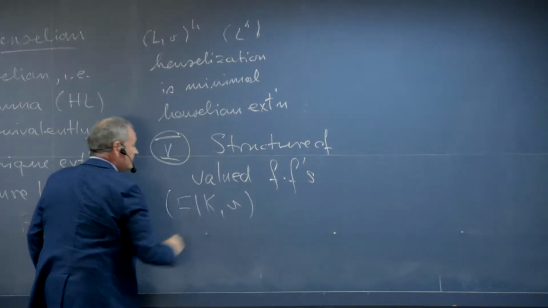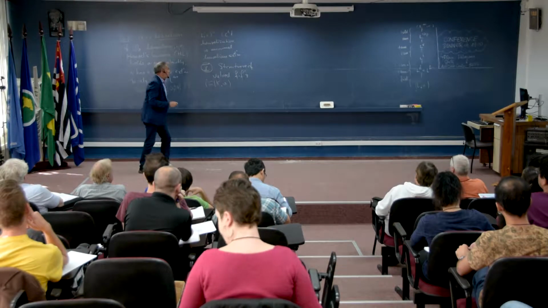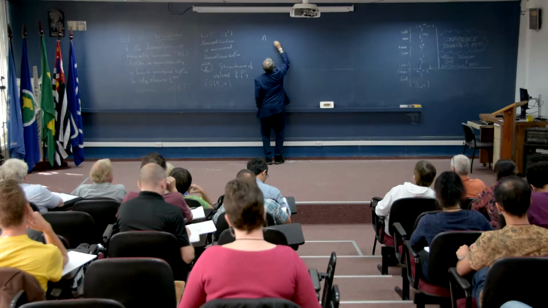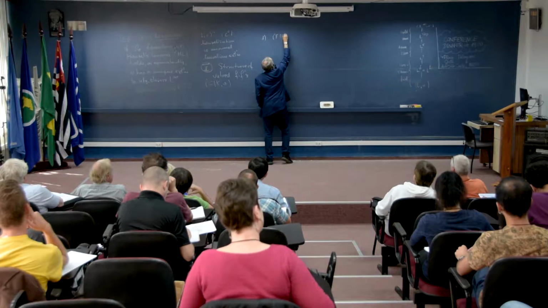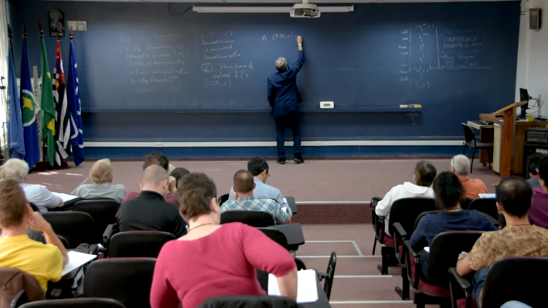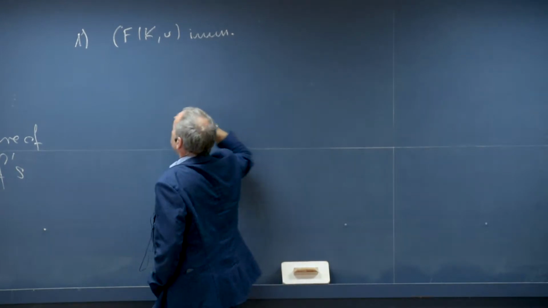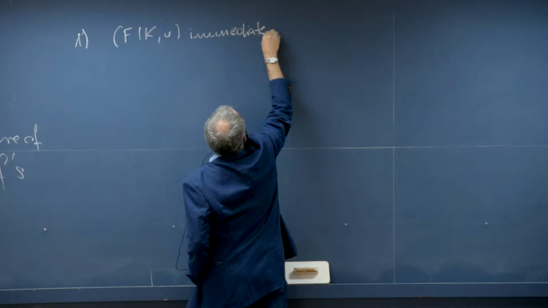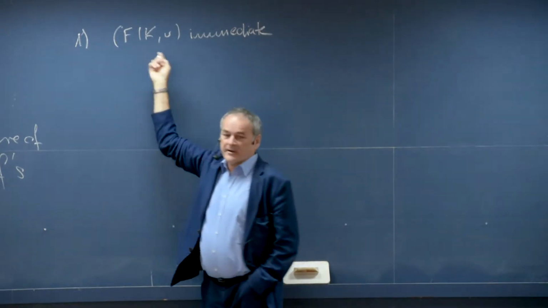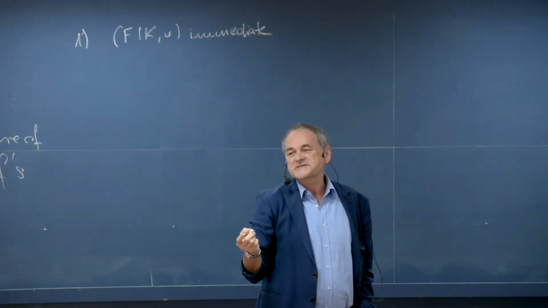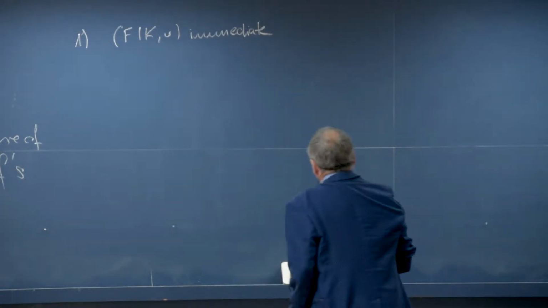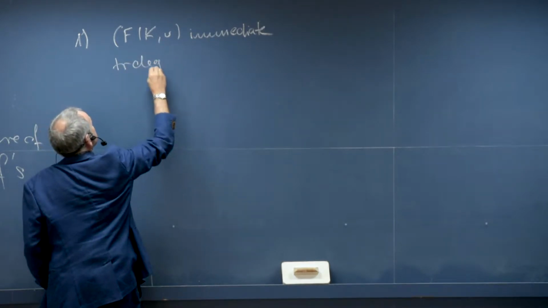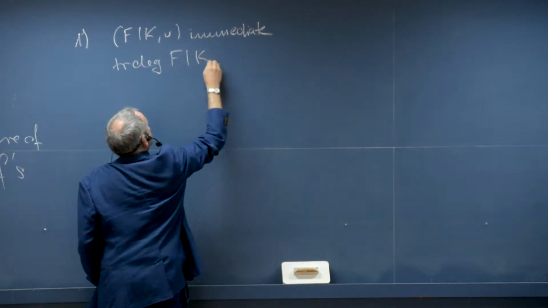Okay, so we take an algebraic function field with valuation, and we look first at the case where this extension is immediate. And I recall that immediate, let me write it out for once. Immediate means that the value group and the residue field of both F and K are the same. And additionally, we look at the case that the transcendence degree of F over K is 1.